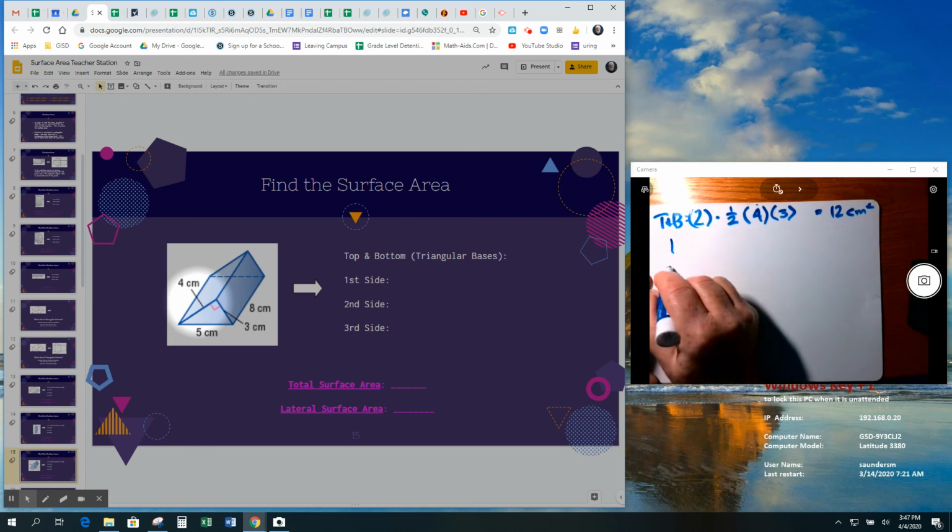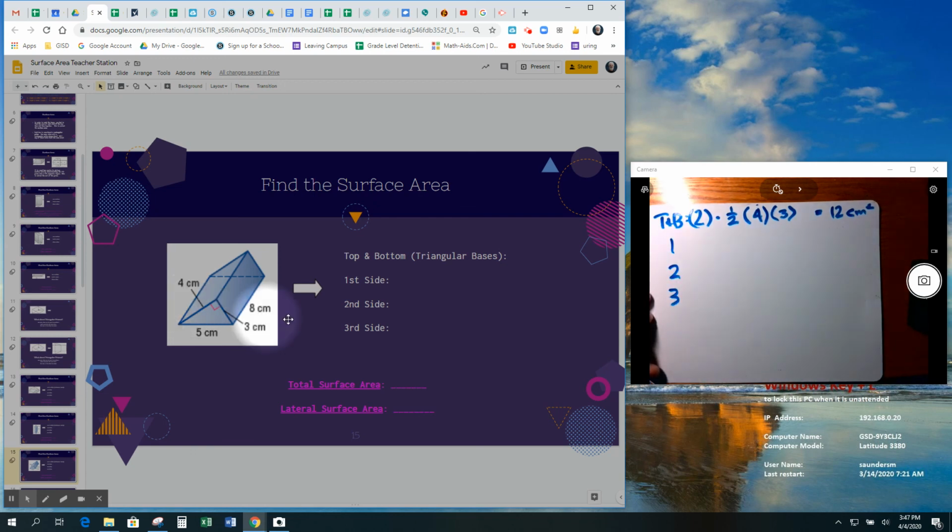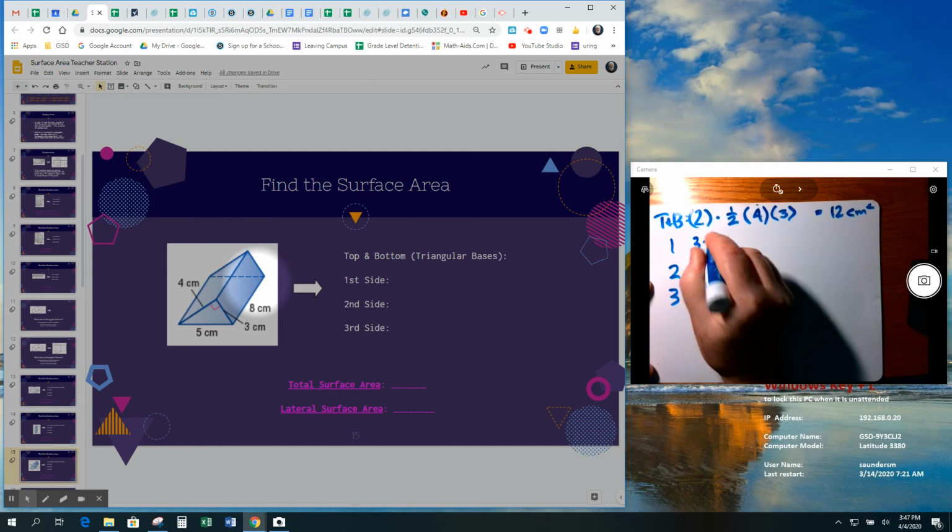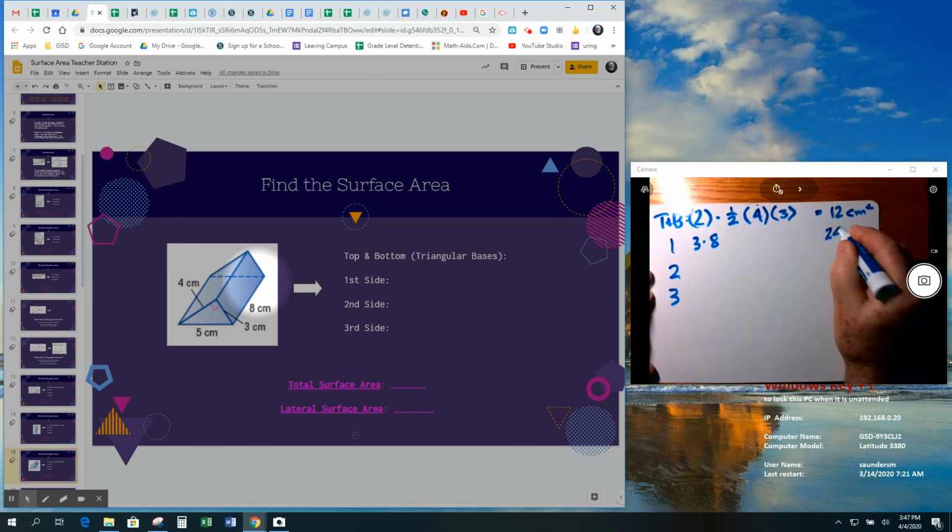Now I have 3 sides. Side 1, side 2, side 3. So the first side, this edge times the length. So I have this edge is 3 and my height of my prism is 8. So 3 times 8. And 3 times 8 is 24 centimeters squared.